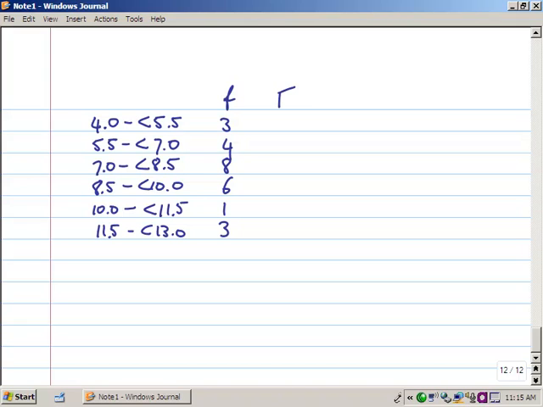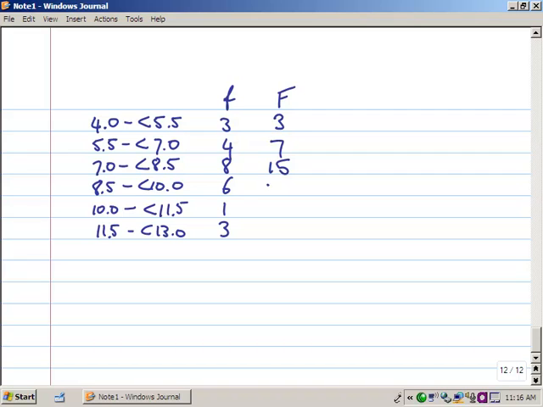Alright, what we need next to calculate the median is the cumulative frequency. The number of items less than 5.5 is 3. The number of items less than 7 is 3 and 4, which is 7. The number of items less than 8.5 is 7 and 8, 15.